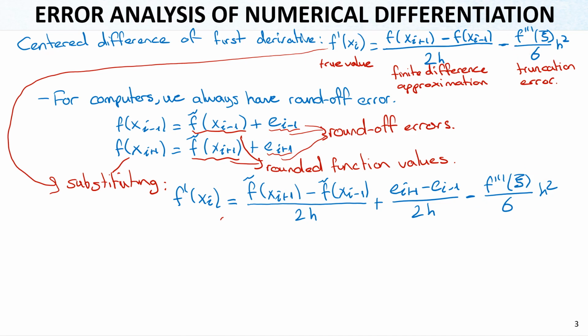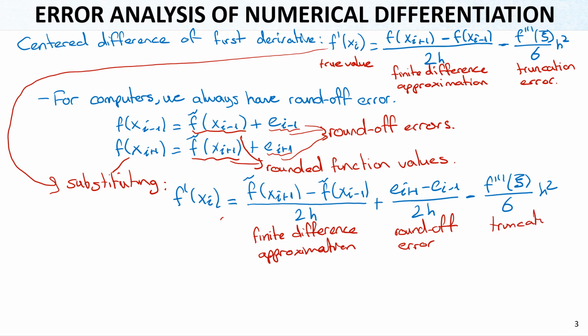So you can see we will then have the finite difference approximation here. This is the round-off error. And this is the truncation error. And that's simple actually.